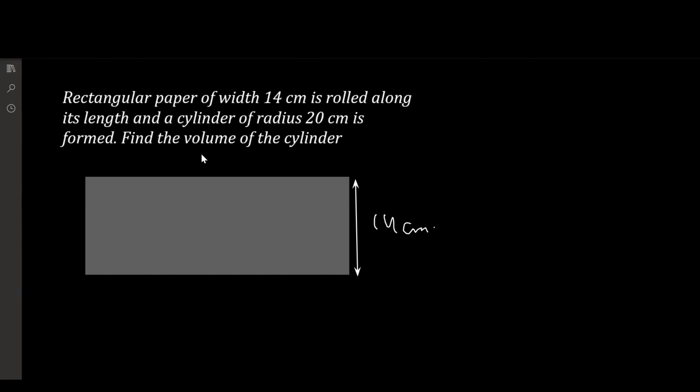Now this sheet is rolled like this to form a cylinder like this. So you can see now this figure is actually a cylinder.